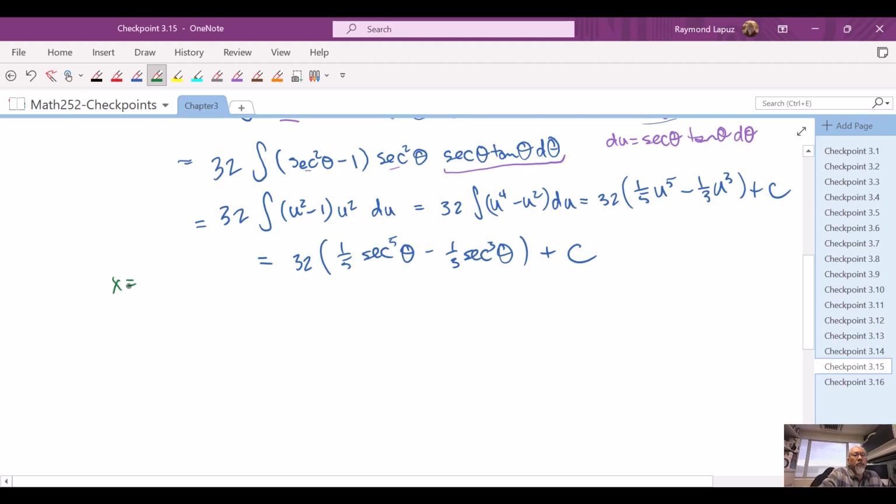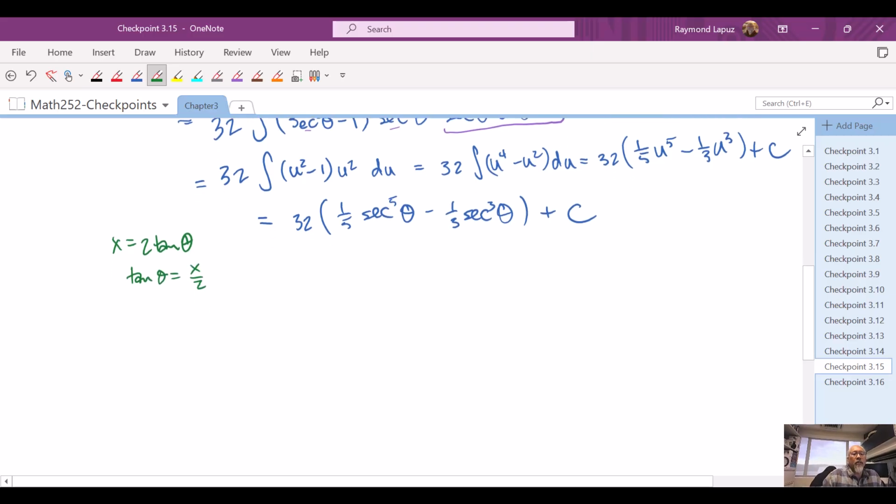So x is equal to 2 tan theta, and then we write that as tan theta is equal to x divided by 2. And remember that if we have a right triangle and we have an angle theta, the tan theta will be the opposite over the adjacent.